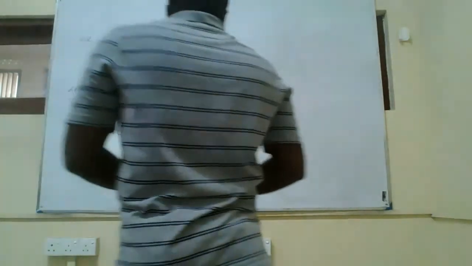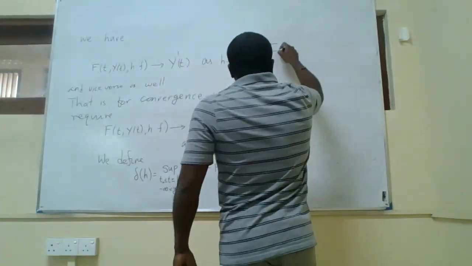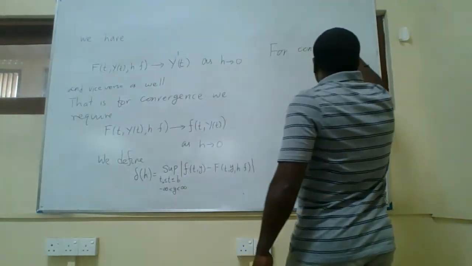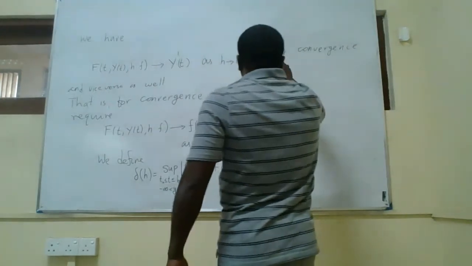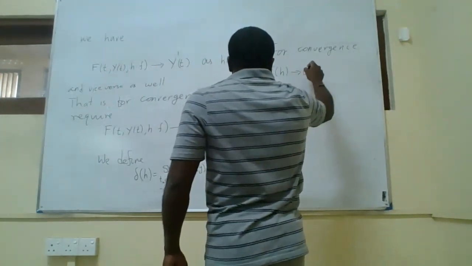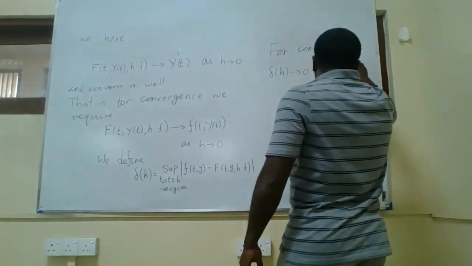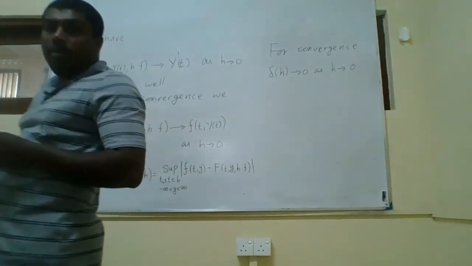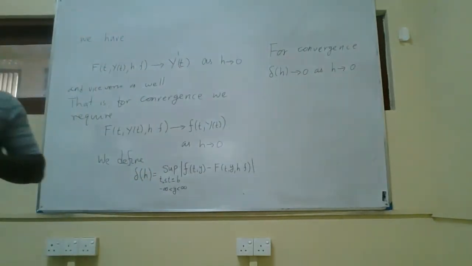So then clearly, for the convergence of this method, you should have delta H goes to 0 as H goes to 0. That is what you want to show. Right?